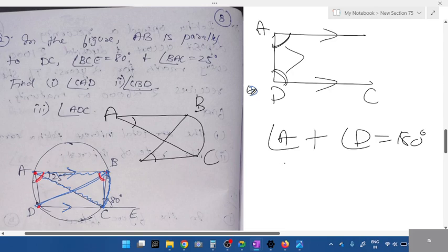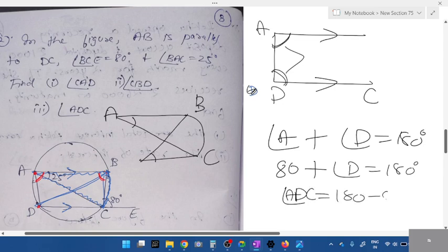Entire angle A. So what will be angle ADC, students? You can just write it as ADC. 180 minus 80 is how much? 100 degrees. See, they have asked ADC, so don't get confused. They have asked entire angle D. You can use the allied angle concept.